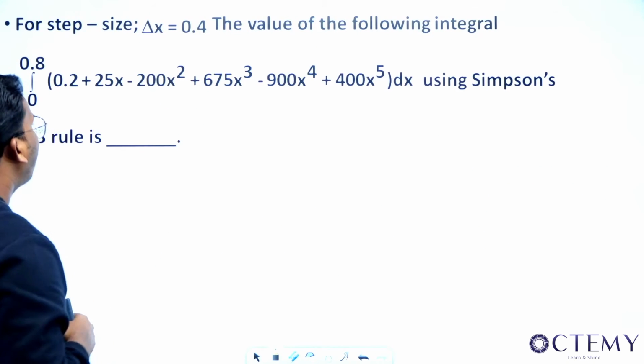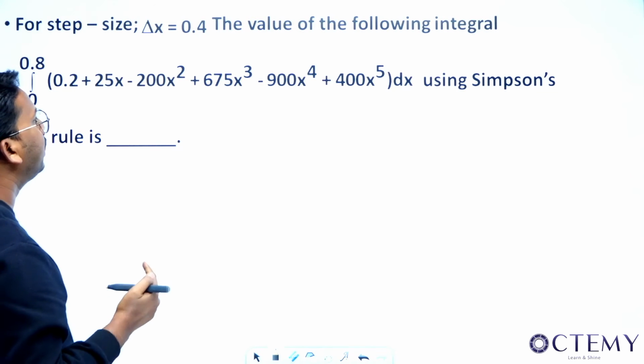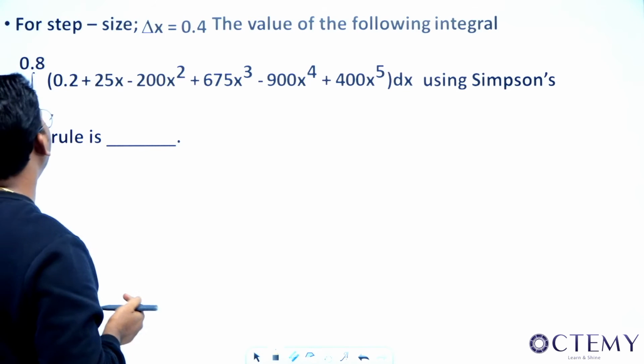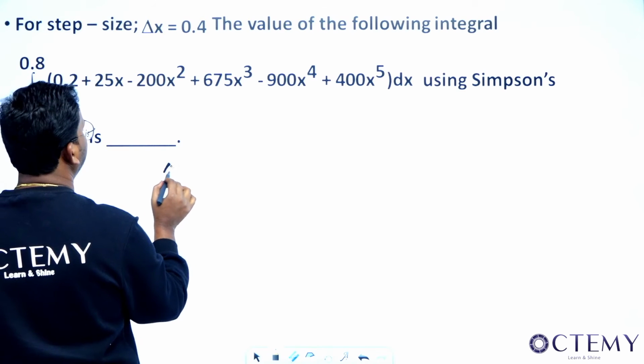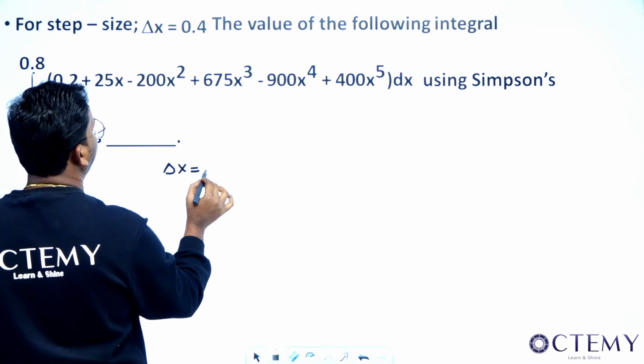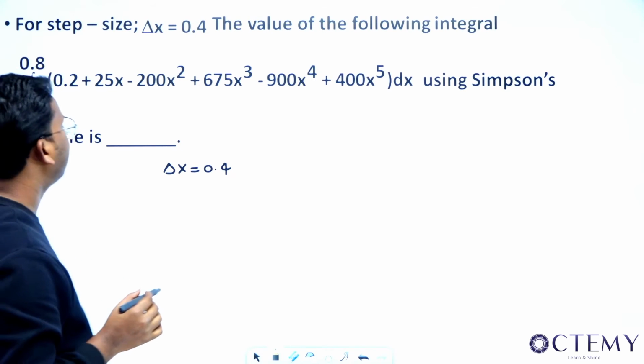Very good. So if I go to the next question, see what he is asking in the next question. He is simply saying, using Simpson's 1/3 rule for step size, what is your delta x, sir? Your delta x step size is 0.4. Find the value of the following integral. This is a very easy problem.